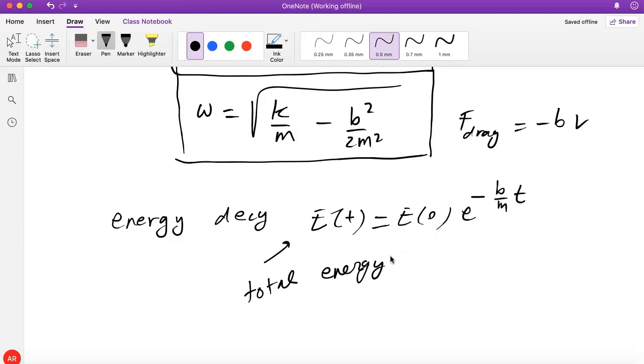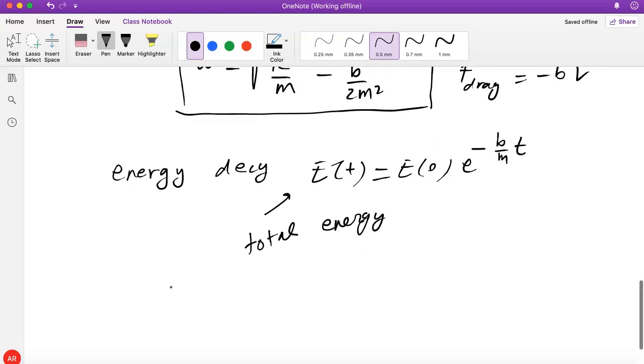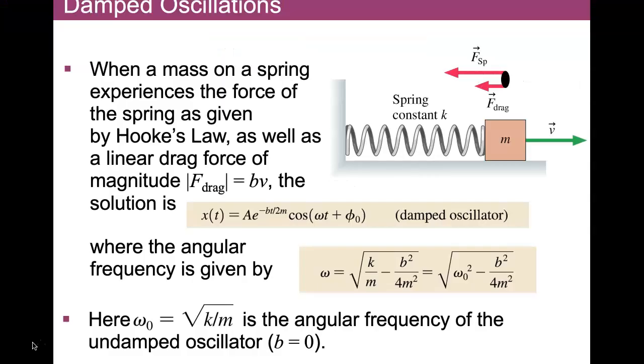So m over b sets a characteristic time scale. So let's call m over b tau. Then E goes as the initial energy times e to the minus t over tau, right? So if you think of the total energy, every time a time tau passes, you divide your total energy by a factor of e, 2.7 something.